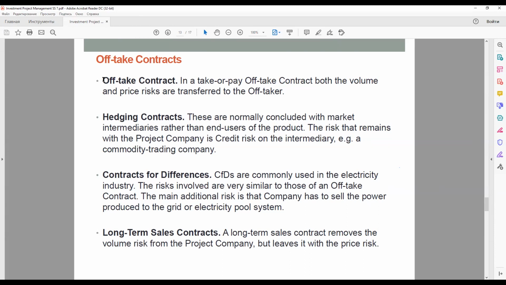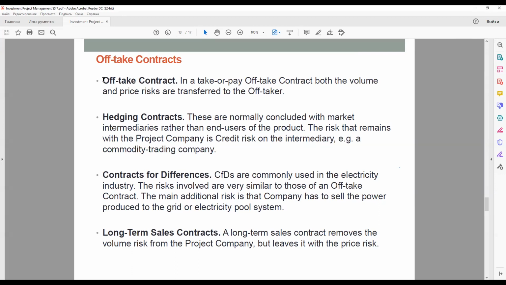Contracts for differences. CFDs are commonly used in the electricity industry. Because such contracts are primarily used where power cannot be sold directly to the end users, the risks involved are very similar to those of an offtake contract. The main additional risk that the project company may still be taking under such an agreement is that it has to sell the power produced to the grid or electricity system.